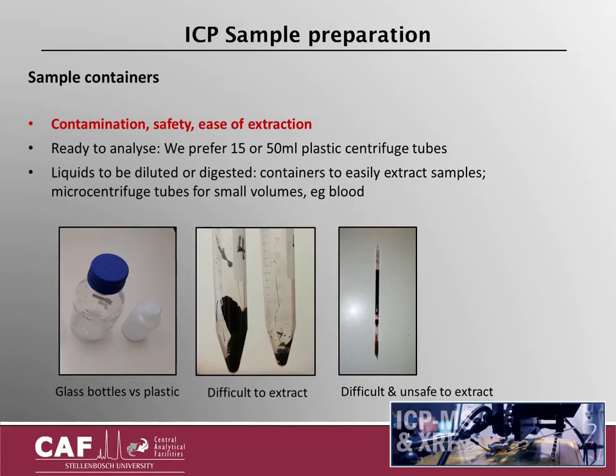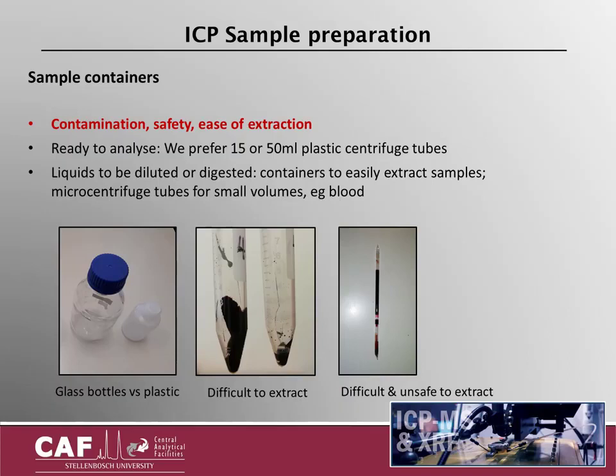Plastic containers are always preferred above glass, as glass can easily break. Plastic also introduces very little contamination. We prefer samples to be sent in 50 or 15 ml plastic centrifuge tubes, as they easily fit on our autosampler racks.